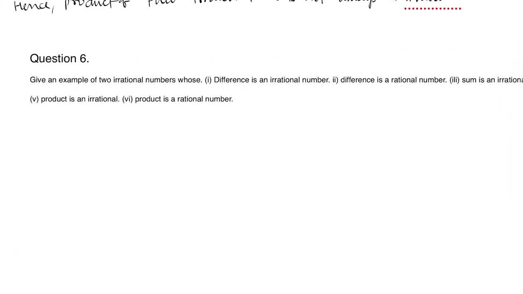Okay. Question number 6. Give an example of two irrational numbers whose difference is an irrational number. Okay. Now, the two irrational numbers with difference an irrational number, like two irrational numbers, say 2 minus root 3, okay, and 2 plus root 3.